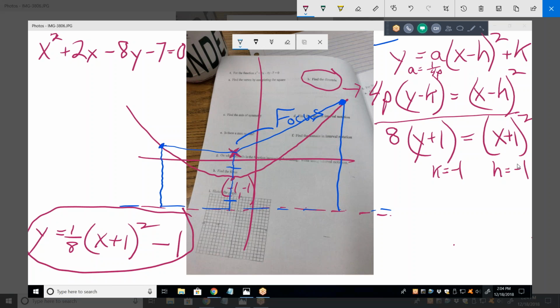If we're trying to figure out what P is, and this is my equation, what is P? Wouldn't it be 2? Yes. P equals 2. So this distance right here is 2 units, and it's 2 units to the directrix.